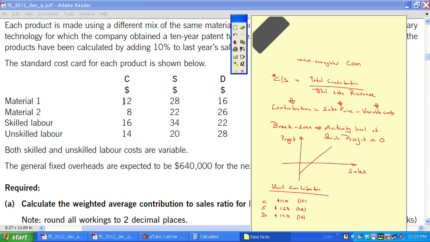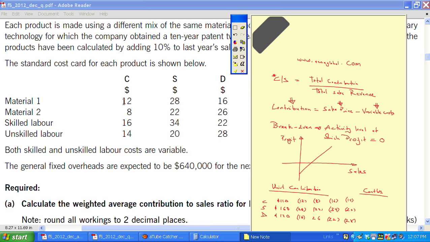Material 2, similar story, we have 8, 22, 26, then skilled labor 16, 34, 22, then unskilled labor 14, 20, and 28.